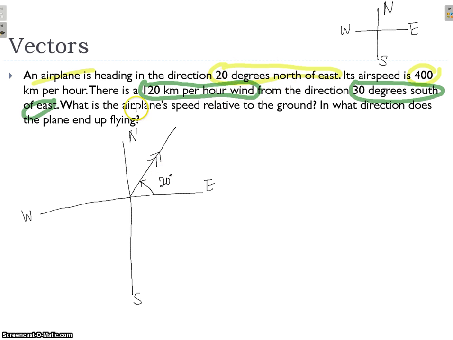So how to write this airplane in the i and j terms? If you look at the direction here, 20 degrees north of east, how do we get this resultant vector? It's actually moving to the right side and moving up with 90 degrees here. So this is for the airplane with the airspeed of 400. How to write the velocity of the plane in ij form? Let VA be the velocity of the plane.